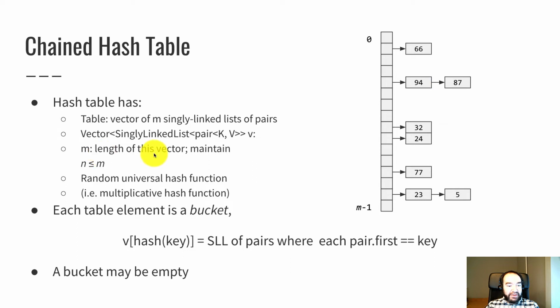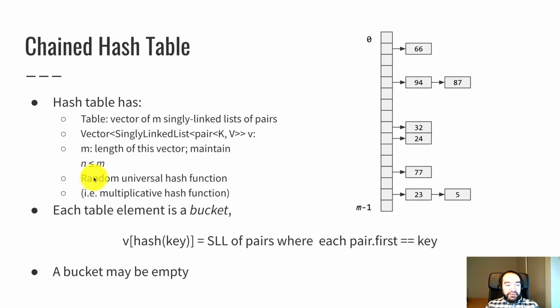M is the length of that vector, and we maintain M to be reasonable, and concretely we'll maintain that N is less than or equal to M. So M, the size of this vector, is always bigger than the number of elements, or maybe they're tied, but that makes sure that the average length of these lists can't be too big, at least when you average them out.